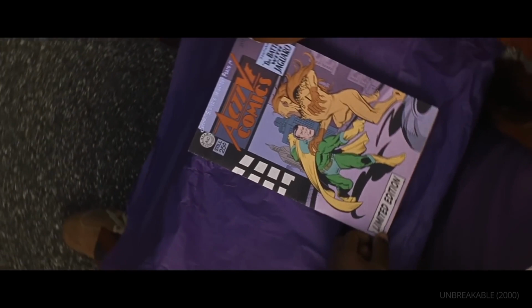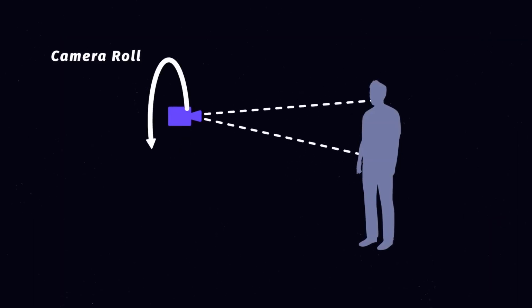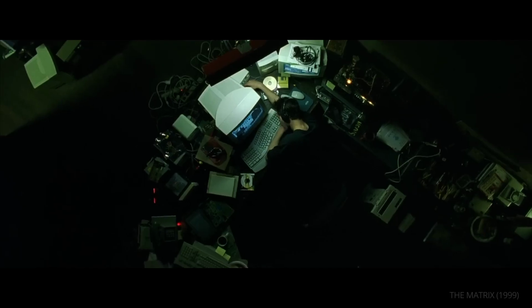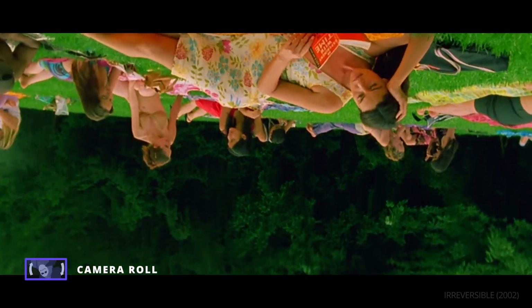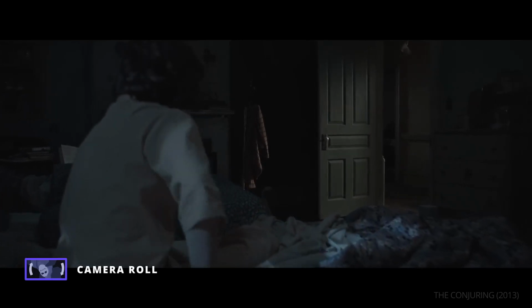Our next camera movement is a rotation known as the camera roll. A roll turns the camera on its long axis while maintaining the direction of the lens. A camera roll is disorienting, unsettling our equilibrium. Rolls can be used to match character movement in moments of panic, or conflict.